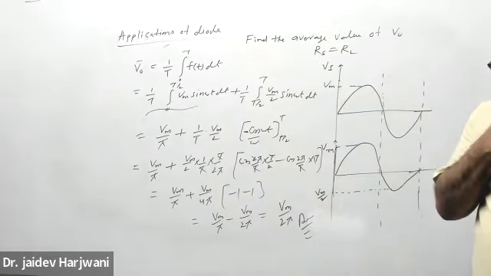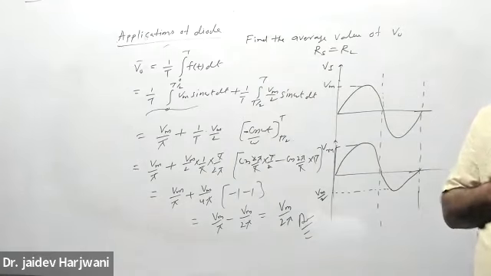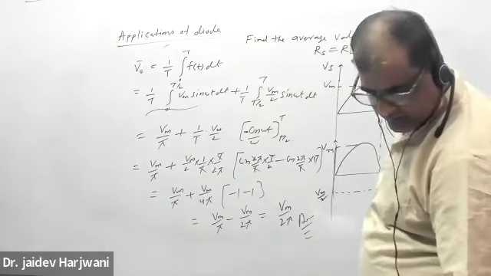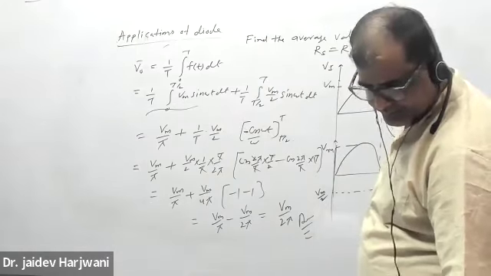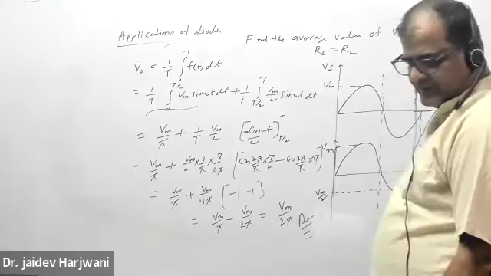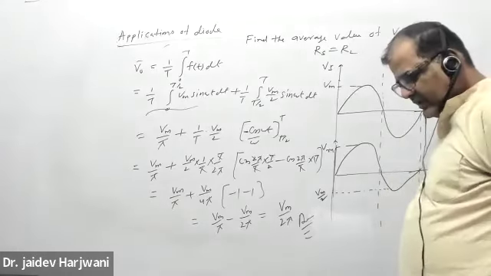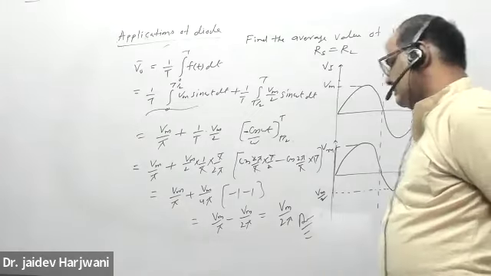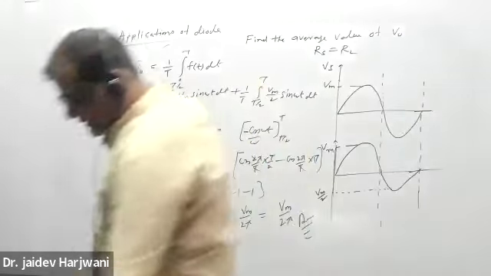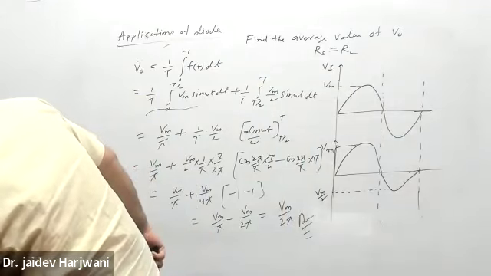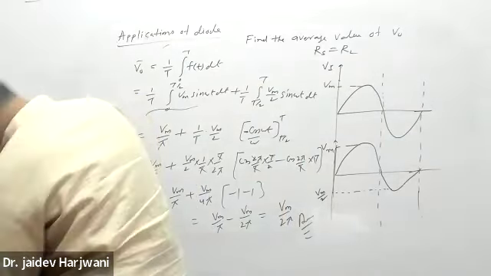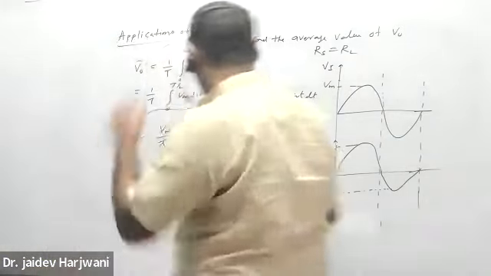Is that okay? Yes sir. Are you comfortable with this one? Yes sir. So this is Vm by 2 pi. Now let us do some more problems based on this one.